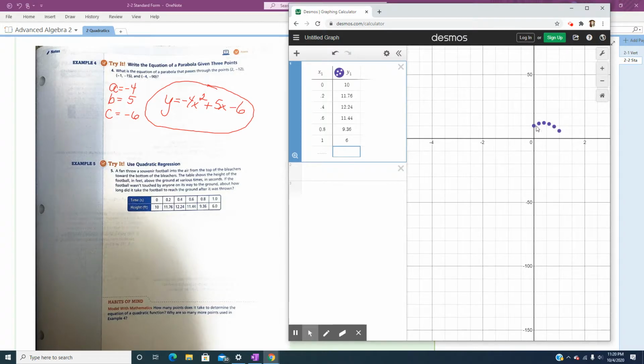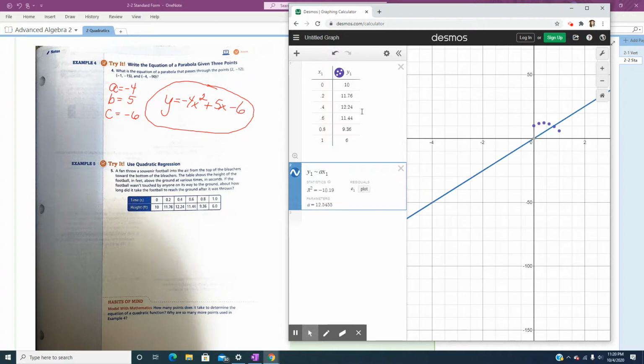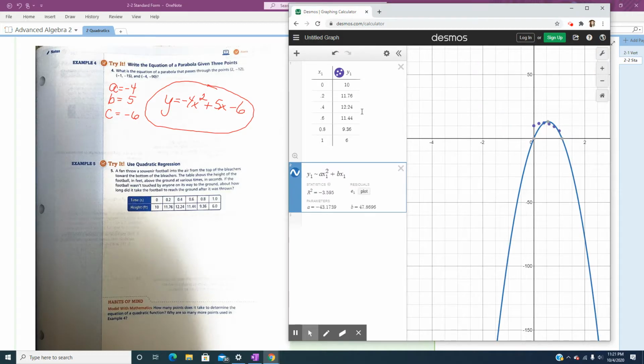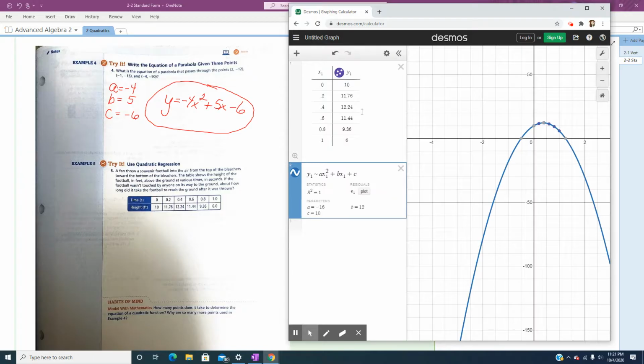Looks pretty parabolic to me. So let's come up with the equation. y1, make sure you use that tilde, a x1 squared plus b x1 plus c. And make sure you enter it just like this or it won't work out. All right, so this time we're seeing a is -16, b is 12, and c is 10.